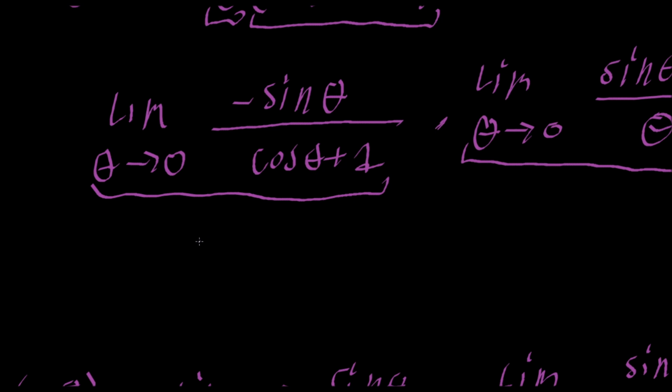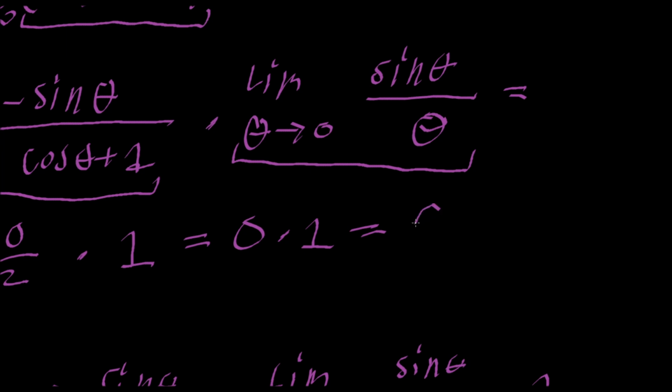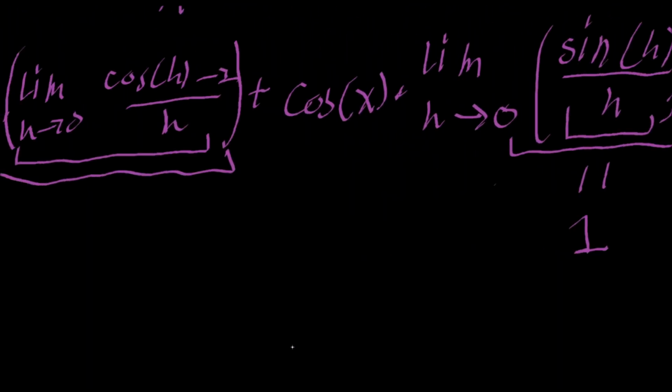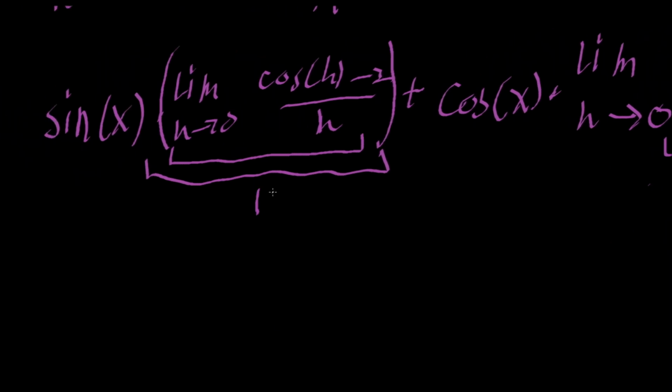So this limit is just negative 0 over 2, which is just 0, multiplied by, and as we've already established, this thing is just 1. So this is equal to 0 times 1, which is of course just equal to 0. So now we have established that this limit is equal to 0.